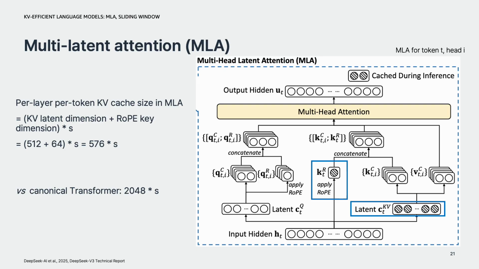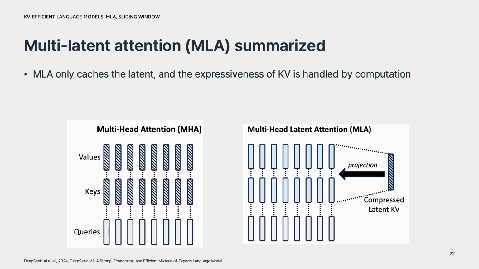And of course, this would vary from model to model, but 2048 is a pretty standard number for the canonical transformer. So for comparison, MLA slashes the KV cache size by about a quarter. So these are the details of MLA.